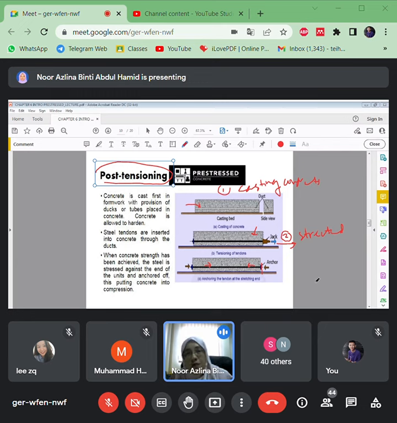But for post-tension, we do the concreting first, wait until the concrete achieves its strength, and then at the final stage, we insert the reinforcement, do the stretch, and also release the load, transferring the load to the concrete. So that is the difference between pre-tension and post-tension here.